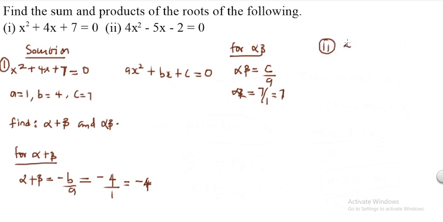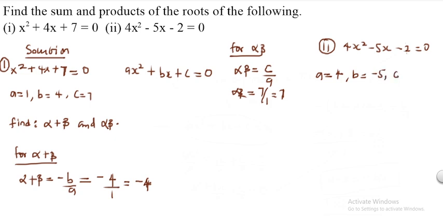The next one we're dealing with is 4x squared minus 5x minus 2 is equal to 0. You can pause the video and try to solve it yourself. So like we did before, the first step is to write out my values of a, b, c. So my value of a here is equal to 4. My value of b here is equal to minus 5.